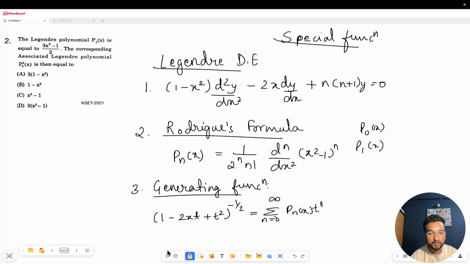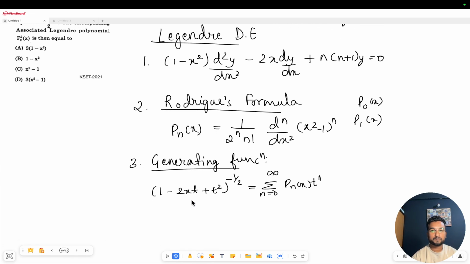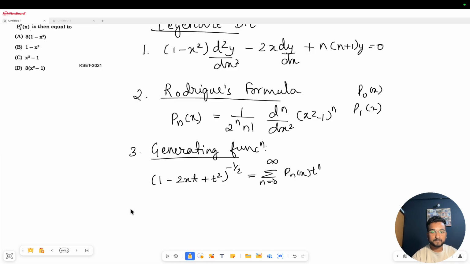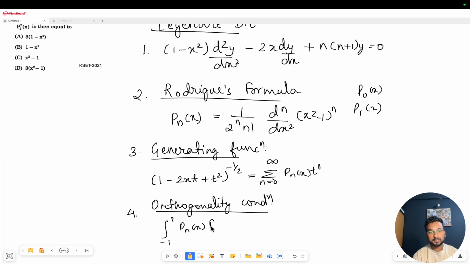And the fourth thing you have to see for a differential equation is special function is the orthogonality condition. So the orthogonality condition for Legendre polynomial is the integration from minus 1 to 1 of Pn(x) into Pm(x) dx equals 2 upon 2n plus 1 delta nm.